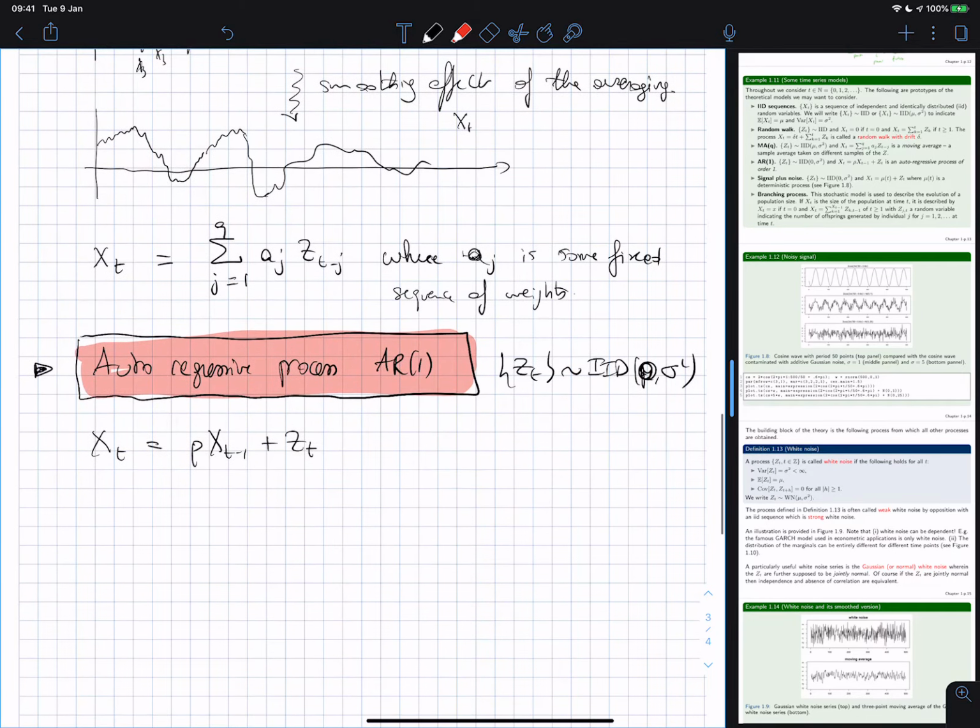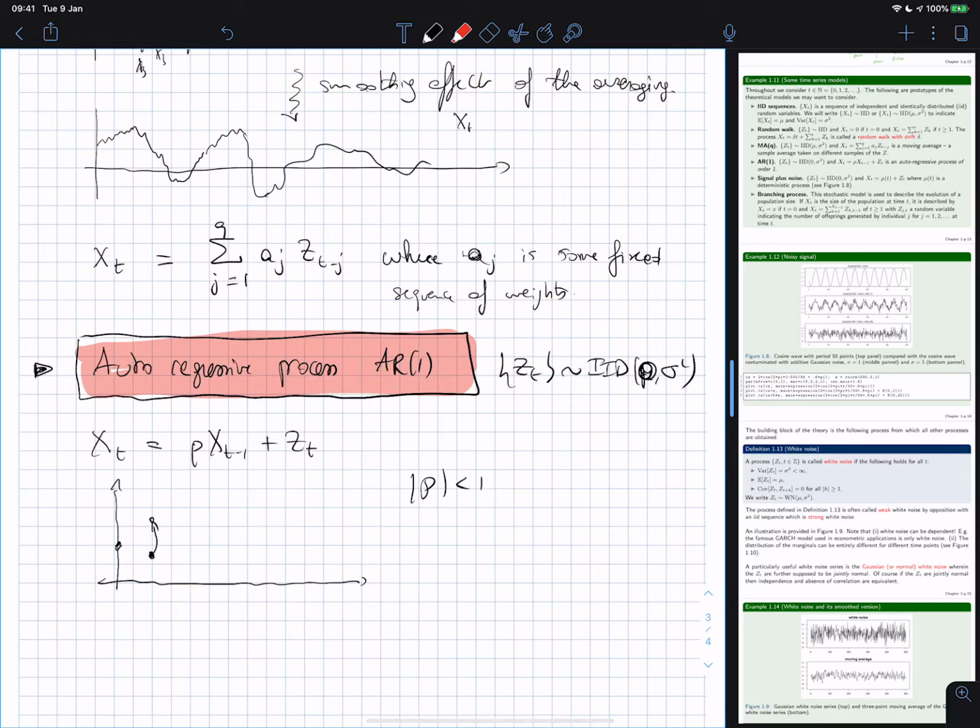So what we say is that the evolution is you start somewhere, with X_0. Let's say that X_0 is here. Then X_1 will just be a certain multiple of X_0. Let's imagine that rho is less than 1. And then to this we add some noise. So let's say we go here.